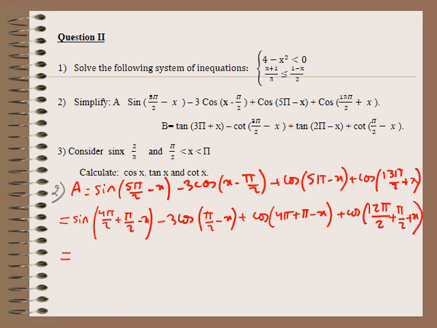Sine of 4 pi is 0, 12 pi over 2 is 6 pi, which is 0, as 2k pi.